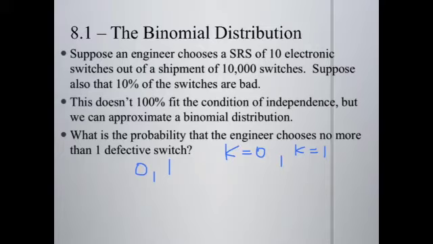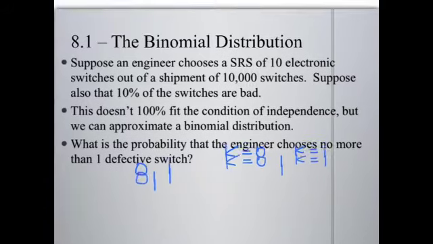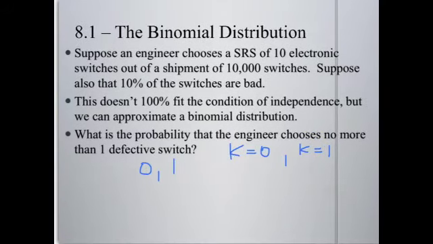So I'm going to look up that formula on my reference sheet, and the formula says n choose k, probability of k times 1 minus the probability of n minus k. So I'm going to do that twice. I'm going to do that for when k is 0 and for when k is 1.